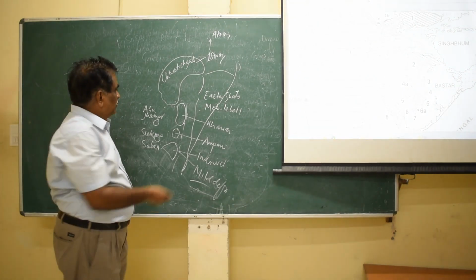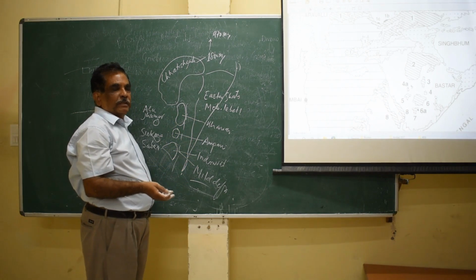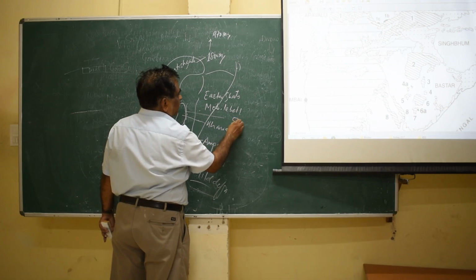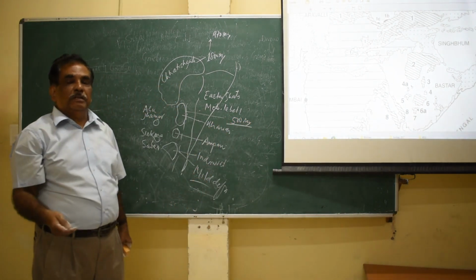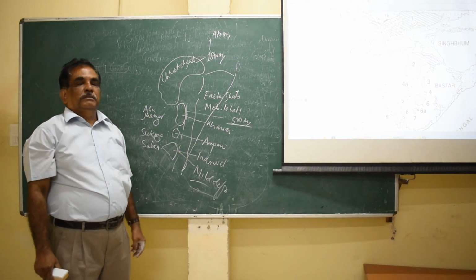But what we have found, the lower part is 1800, it is fine. But the top part is something around 500 million years. They apply some techniques, we apply some other techniques.